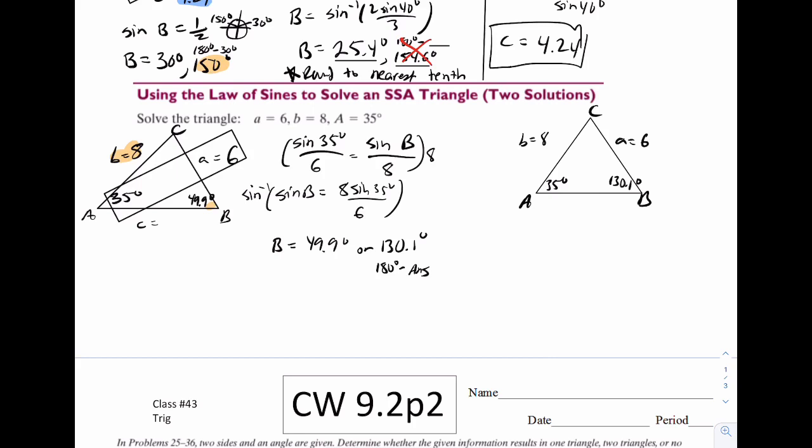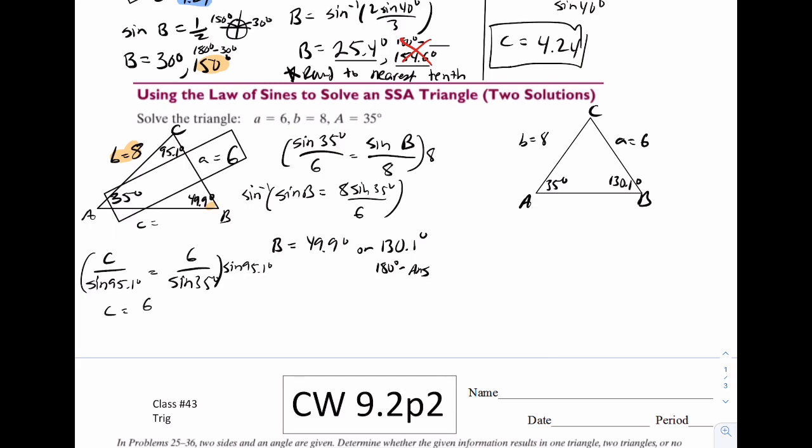So let's focus on the first one. If we have 35 and 49.9, the last angle must be 95.1. Just add and subtract from 180, and then just work it out. C over sine of 95.1, that equals your pair, which is 6 over sine 35, multiply by sine 95.1.